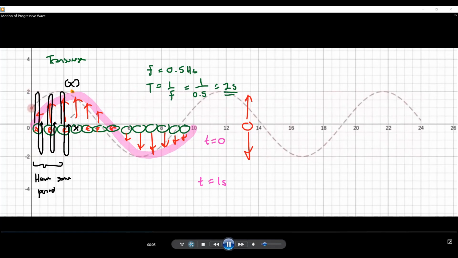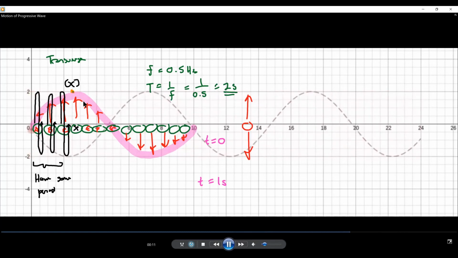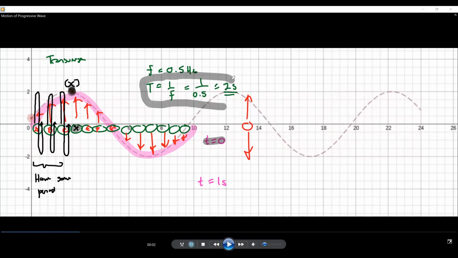Okay, this is particle X. So when t equals 0, this particle X is here, as indicated in your diagram. Okay. So it will oscillate with a period of 2 seconds.